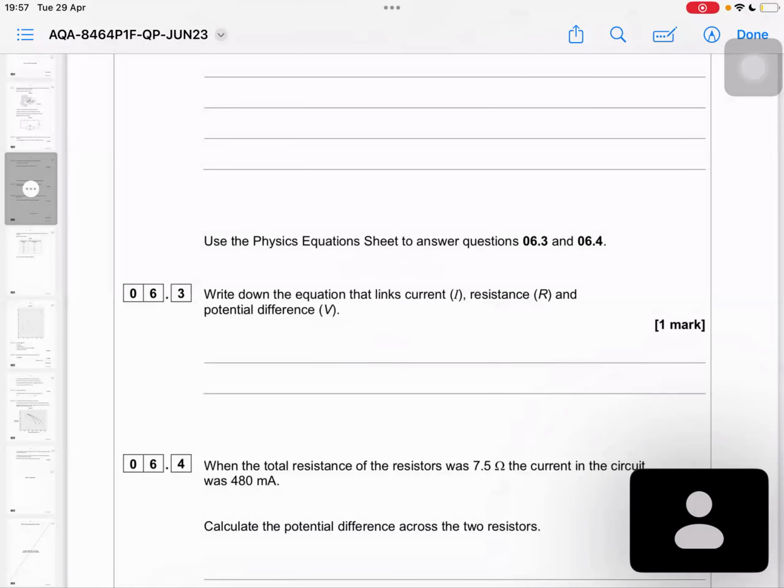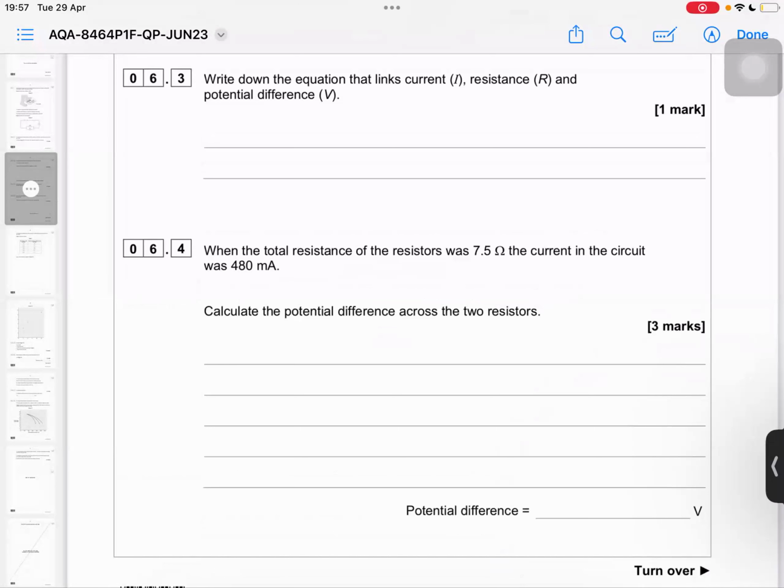Okay, first off, the current is not in amperes. Can you see it? It's in milliamperes. So we need to convert it to amperes, and milliamperes means that we have to divide it by 1,000.